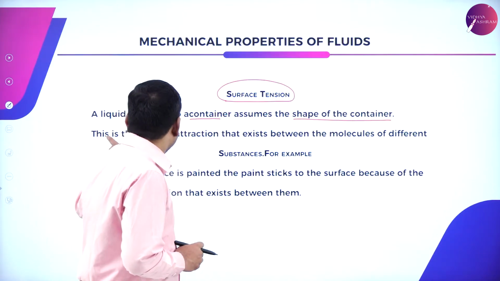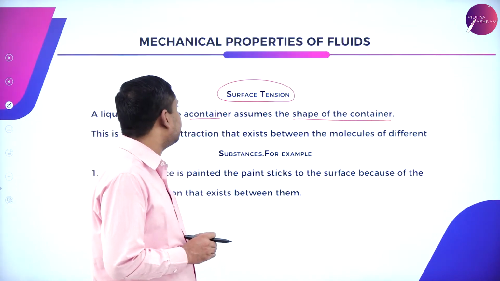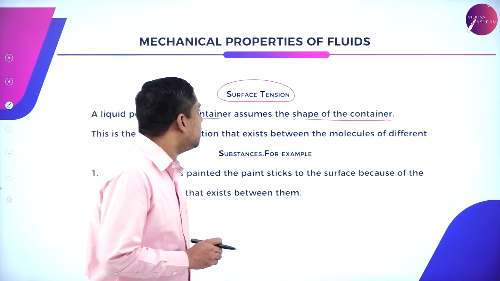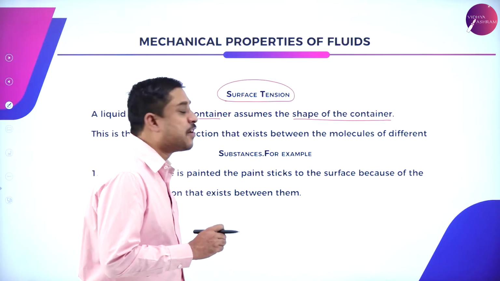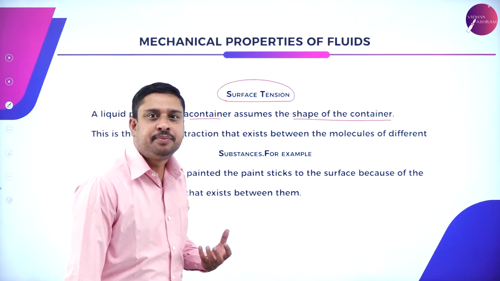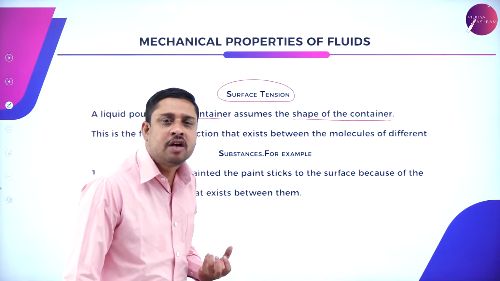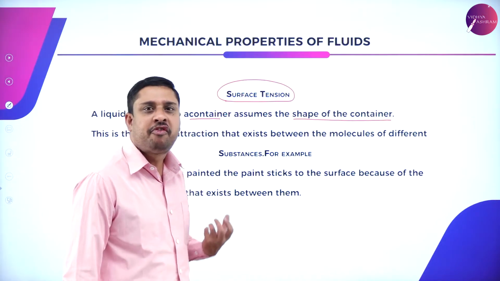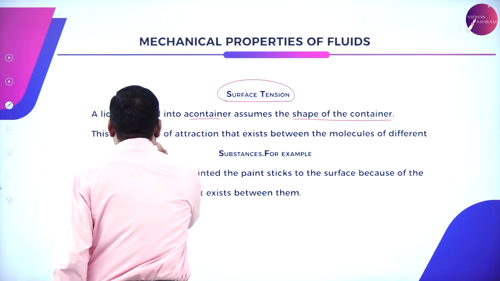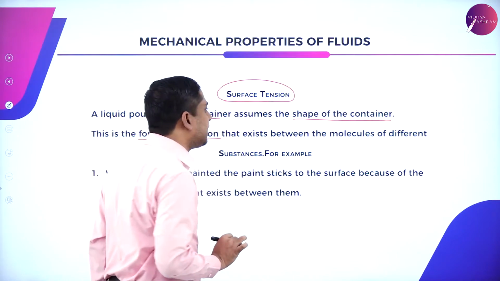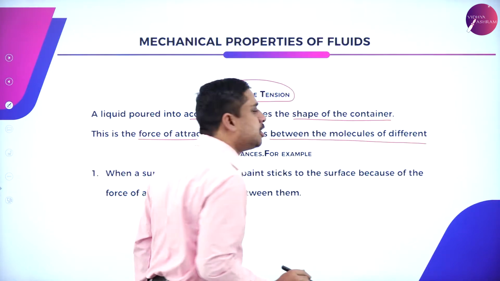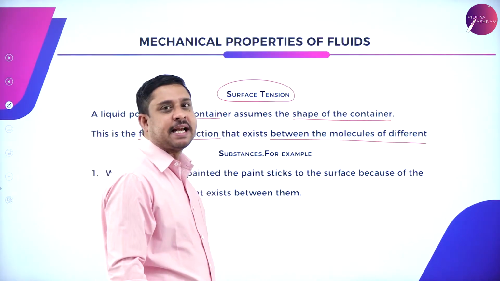Now, the force of attraction that exists between the molecules of different substances. So basically, what is responsible for surface tension to come into picture is the force of attraction between the molecules of different substances.